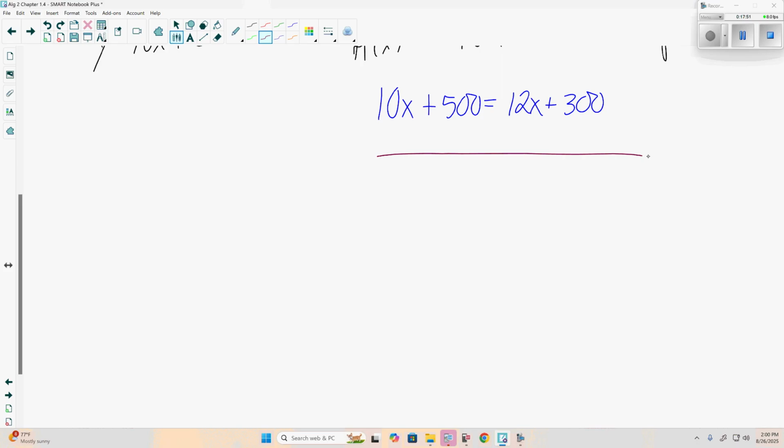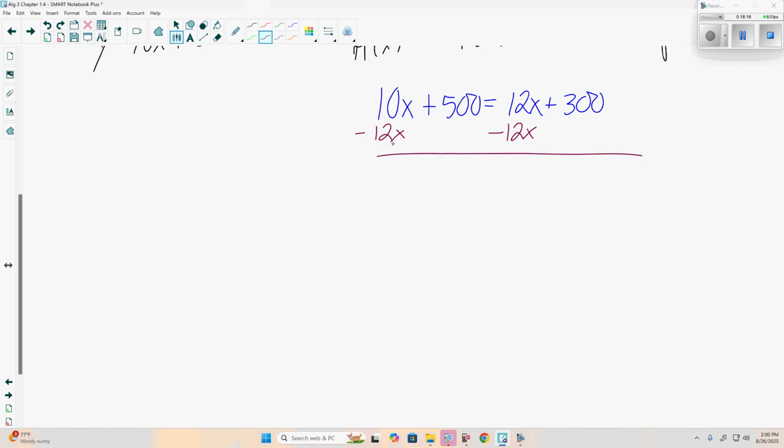We could subtract 12x from both sides because there's more than one first step that we can do from here. We could have also subtracted 10x from both sides. We could have subtracted 500 from both sides, or we could have subtracted 300 from both sides. We just have to pick one of those that we want to do and go from there.